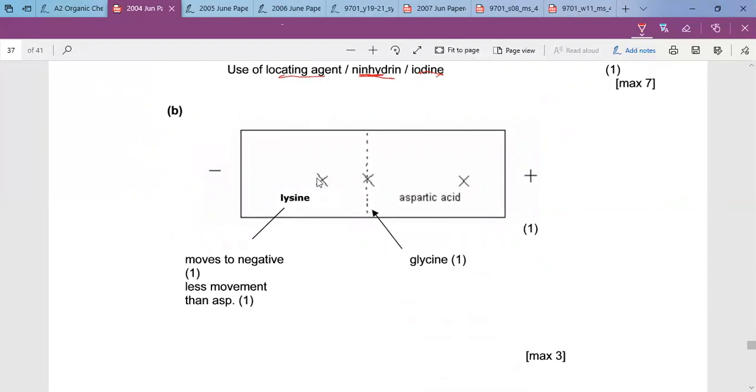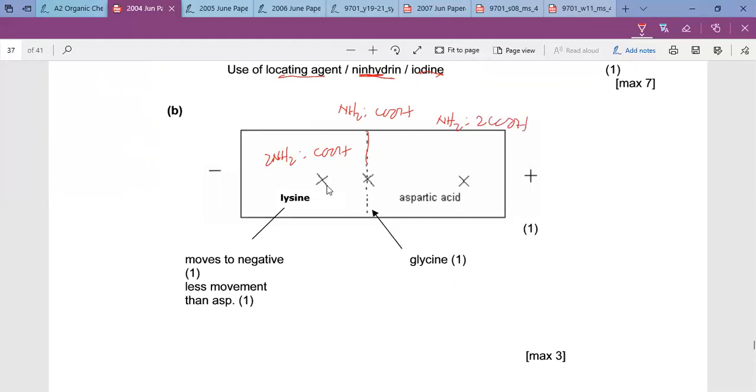Lysine moves because it's positive, right? Because of 2 NH2 groups. Glycine has 2 NH2 compared to 1 COOH. This one has 1 NH2 to 1 COOH. This one has 1 NH2 to 2 COOH.